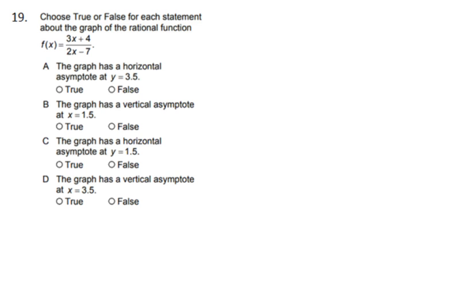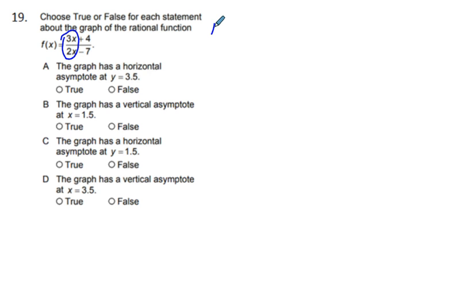Okay, so that's page 2. Now we're at the last page. So true or false for each statement about the graph of the rational function. And we have the rational function f(x) equals 3x plus 4 over 2x minus 7. Horizontal asymptote. Well, we can find the horizontal asymptote by taking the highest powered term in the numerator and denominator.